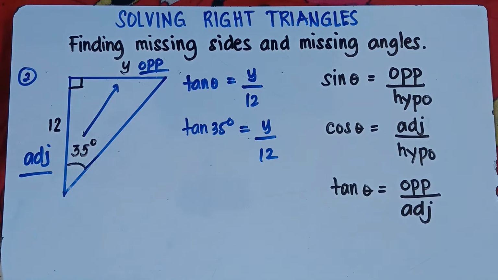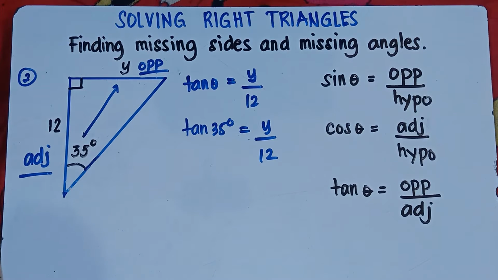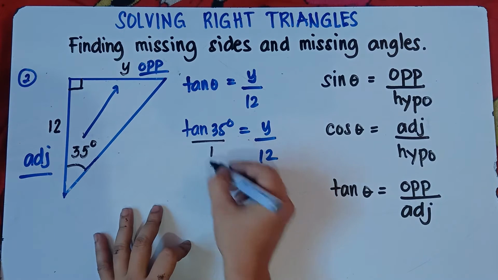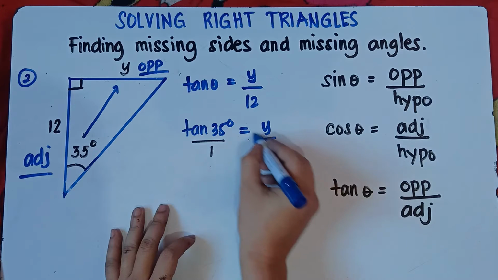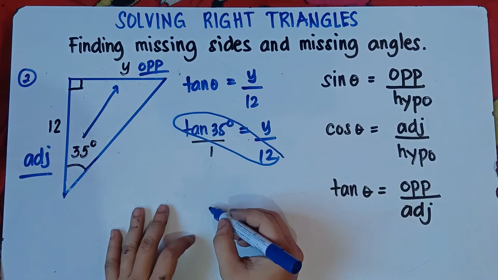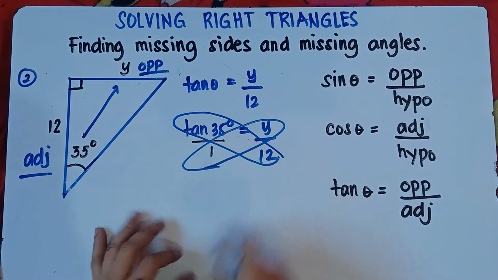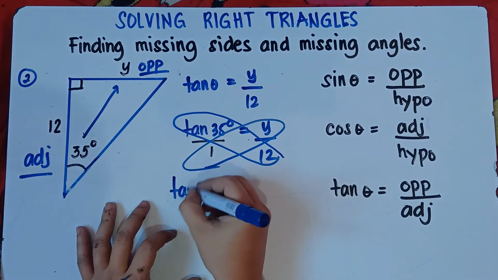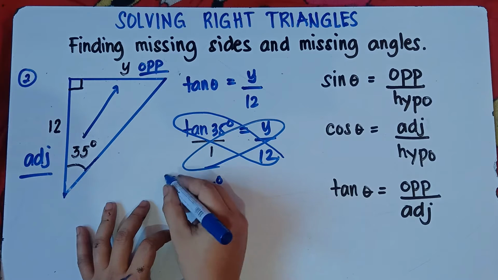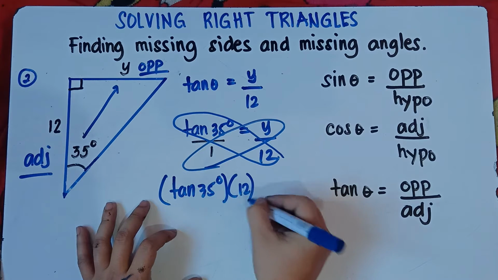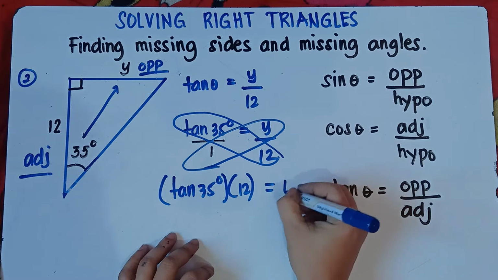To find the value of y, once again, do cross multiplication. So this will be 12 times tangent 35 degrees equals 1 times y. So tangent 35 degrees times 12 is equal to y times 1, that is y.